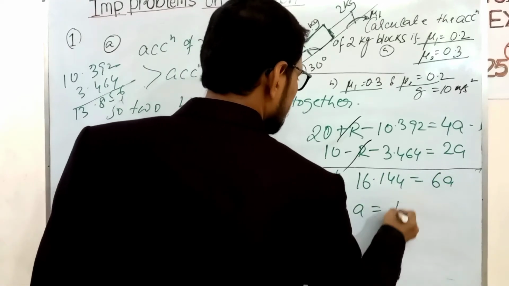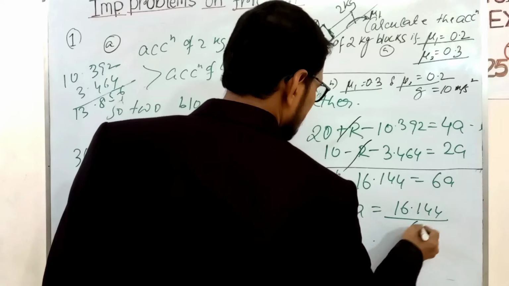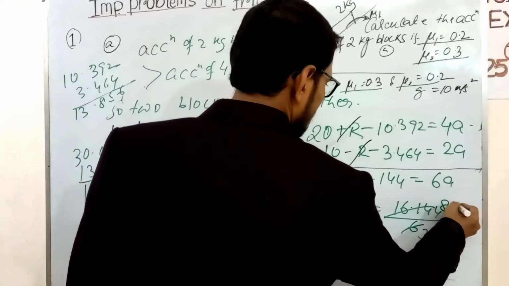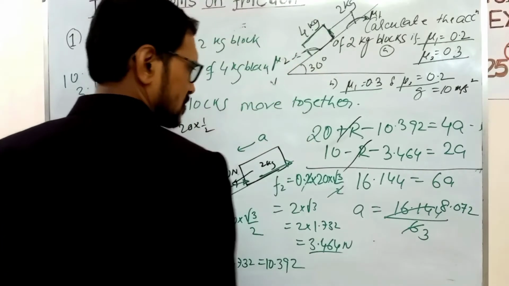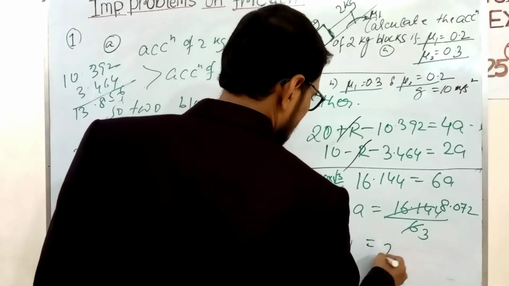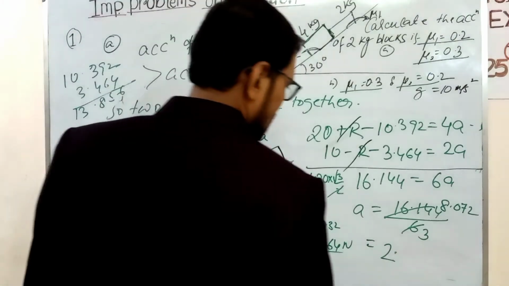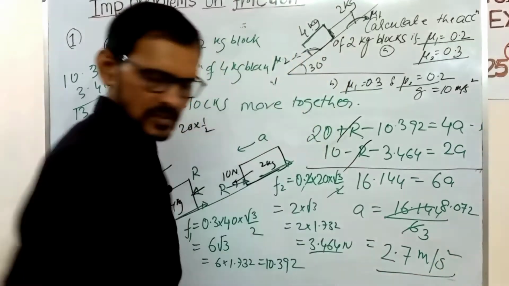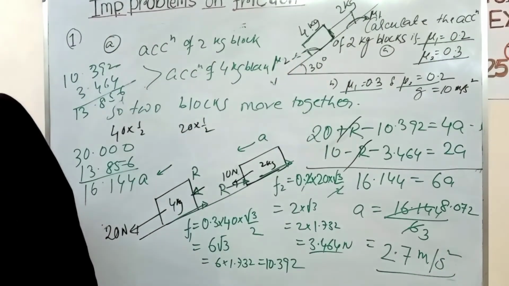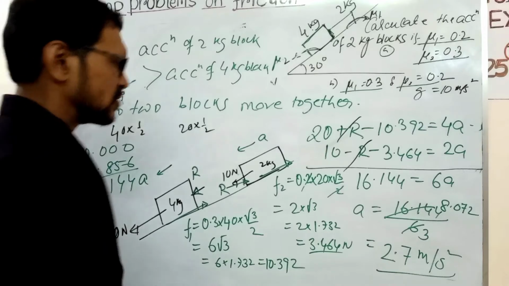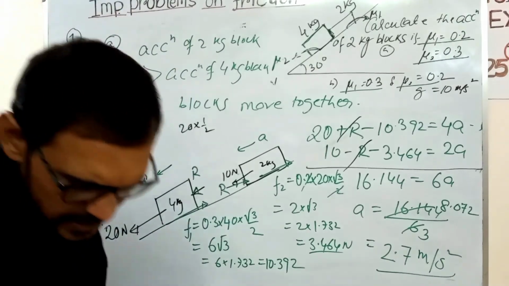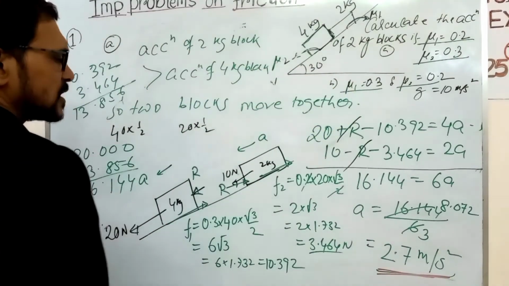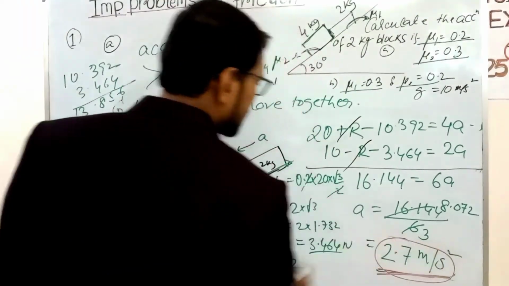Now a is equal to this divided by 6. So in the first case, acceleration is equal to 2.7 meter per second square. This is for the first case: the acceleration of both blocks, the 4 kg and the 2 kg, will be 2.7 meter per second square.